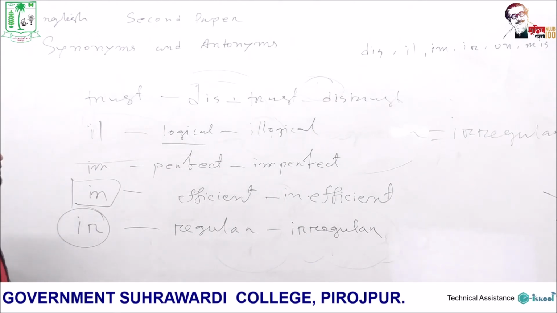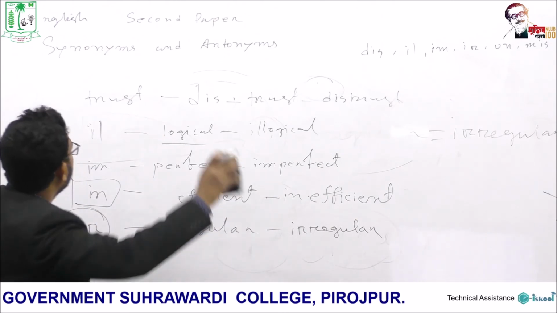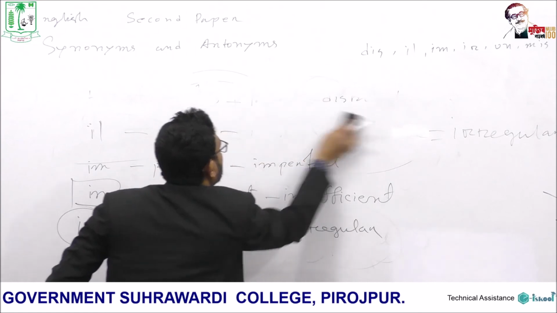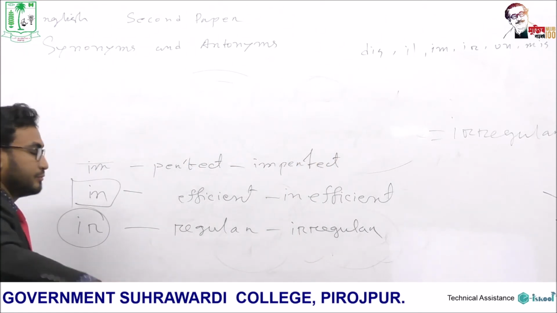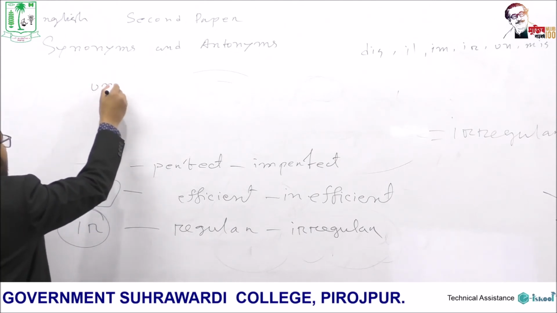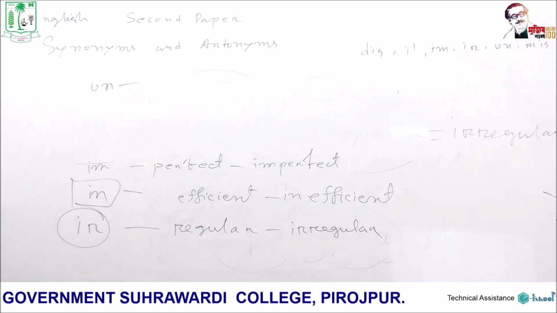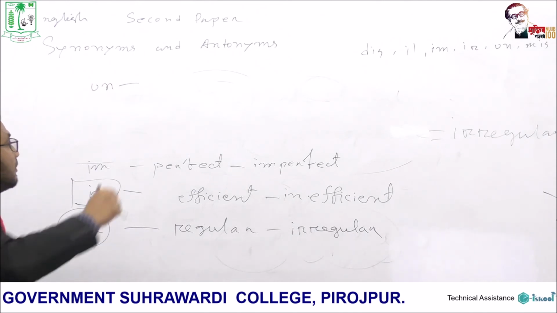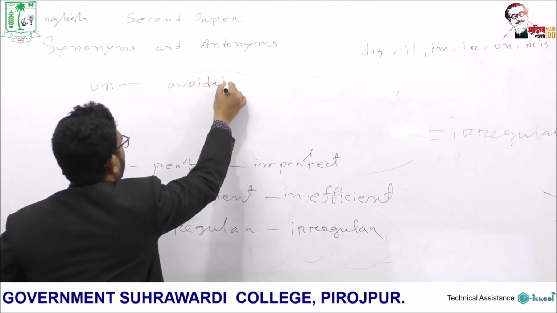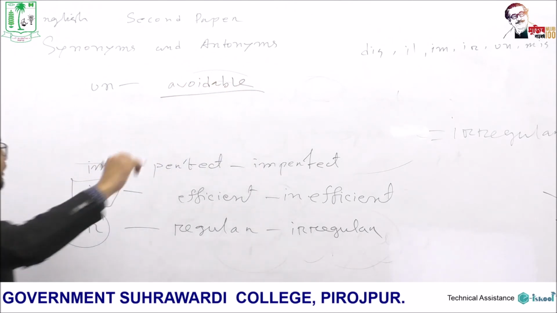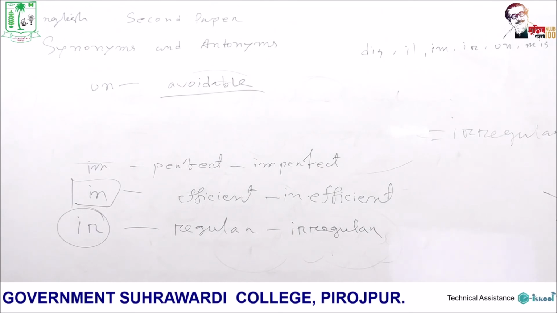Okay. Now one more, an. Look at this. Avoidable. Can you create the antonym of the word avoidable with the prefix an?